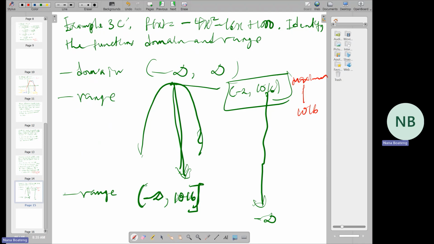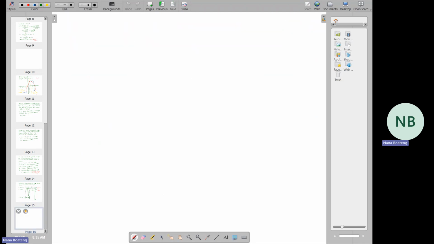All right, so let's look at another example. So this should be our example 4, and it says, example 4, maximizing area. So this has to do with maximizing area.